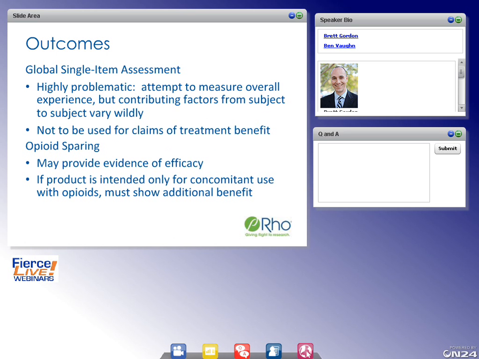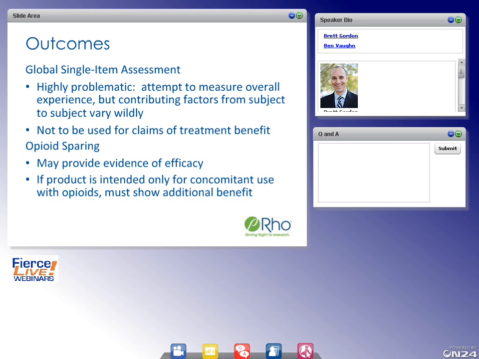You could be just seeing that they like the product because the last one made them nauseous, whatever they were on previously, whereas the next subject is really getting a lot of pain relief. So there's this high degree of variability between subjects and what they're actually reporting when they have a good outcome or a poor outcome. So the agency doesn't really care for global assessments.